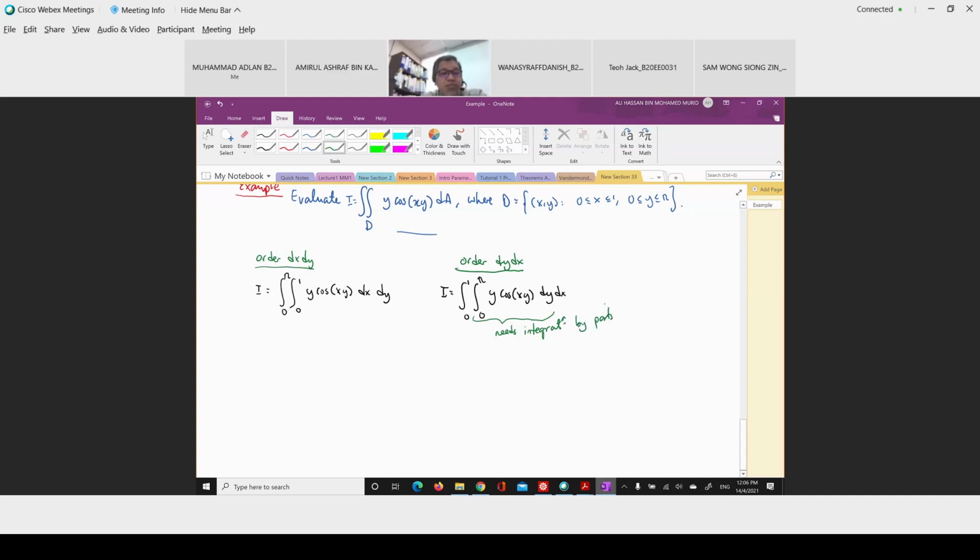Well, for the first order dx dy, we don't need it. We want to integrate with respect to x only, holding y constant. So it should be easier to evaluate the double integral I using the order dx dy, right? Rather than using the other order dy dx.